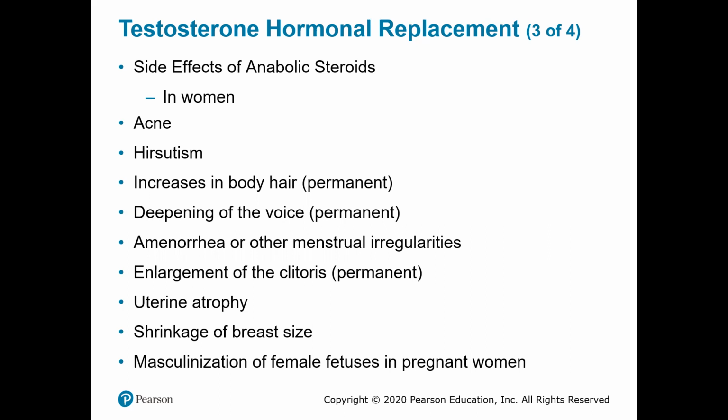Deepening of the voice, which can become permanent. Amenorrhea, which is a loss of menstrual cycle or other menstrual irregularities. An enlargement of the clitoris, which can become permanent. Uterine atrophy. Shrinkage of breast size, as well as masculinization of female fetuses in a pregnant woman.